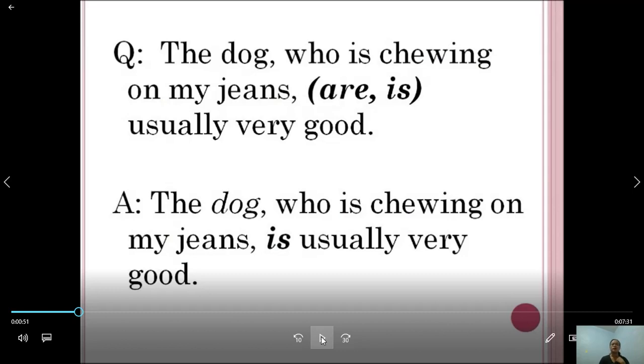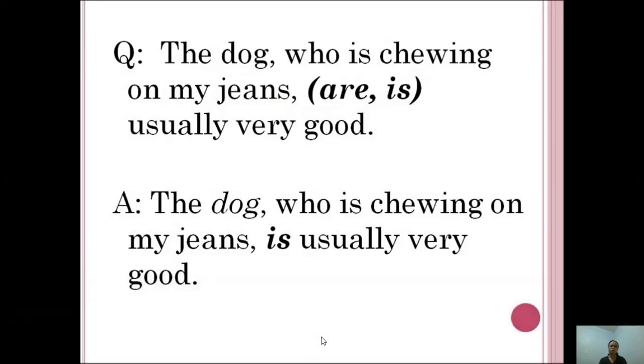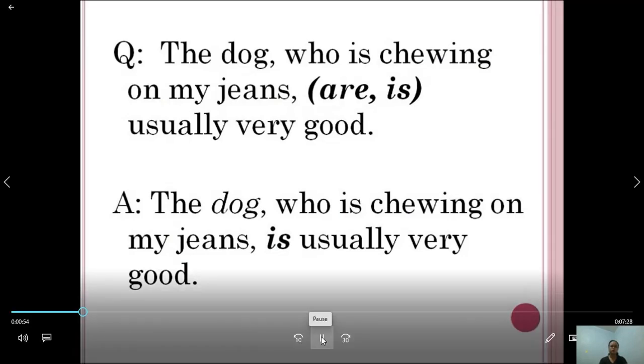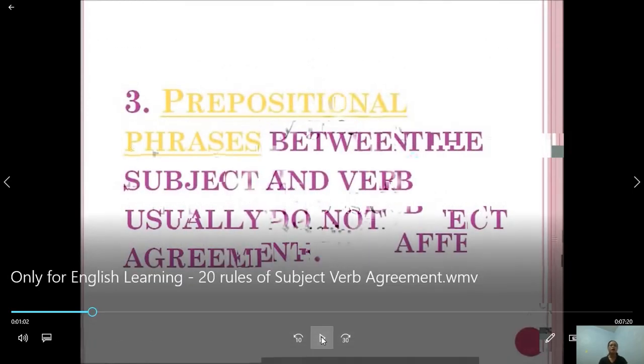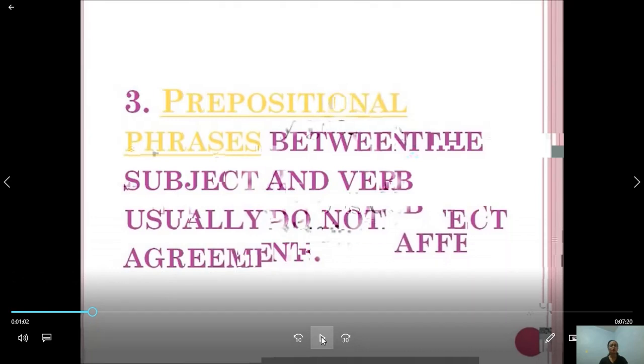Is is the correct form of the verb since the dog is the singular subject. Okay, so that is the second rule. The third is: prepositional phrases between the subject and verb usually do not affect the agreement.